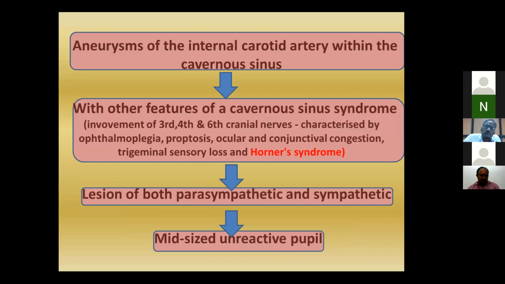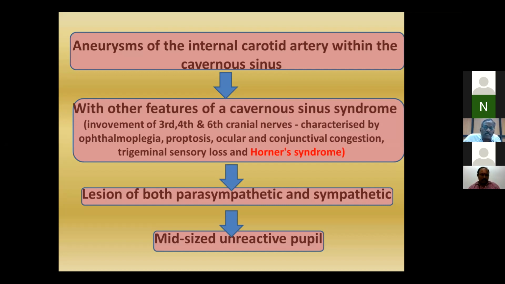I told you the syndrome is due to abnormality involving the 3rd, 4th, 6th nerves: the 4th, SO4, the 6th, LR6, along with the 3rd nerve. This can cause ophthalmoplegia. Plegia means muscle abnormality. There can also be proptosis, outward projection of the eyeballs, conjunctival congestion, then trigeminal sensory loss. Along with Horner syndrome, the patient can present with aneurysm of the internal carotid artery. This can cause a lesion in the parasympathetic and sympathetic nerves, causing a mid-dilated unreactive pupil.